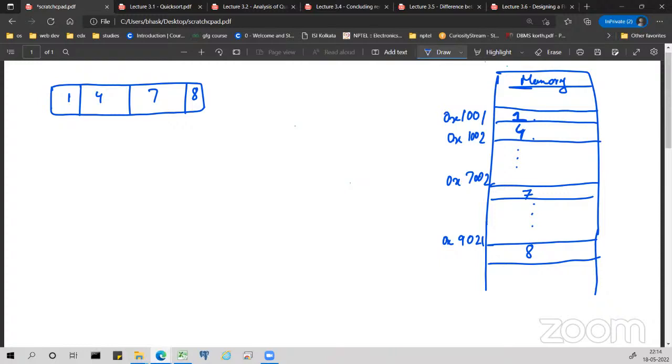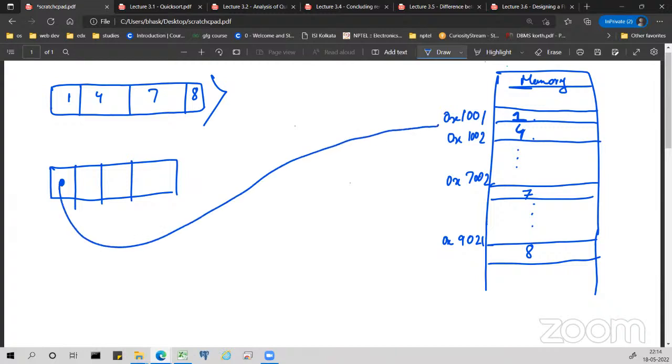Now you as a programmer see the list like this, but how the system interprets this list internally, how Python does that, is that here it would store a reference to the address 0x1001. Here it would store a reference to the corresponding address where 4 is, that is over here, right?